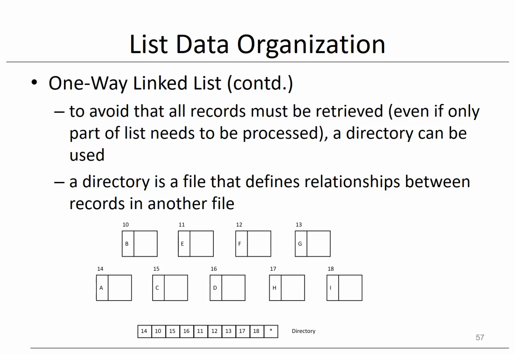As the pointers are much smaller than the actual data records, by storing them in a separate file, navigating them requires less block accesses and hence less time. Also, adding, updating, and deleting pointers is much easier in a separate file.